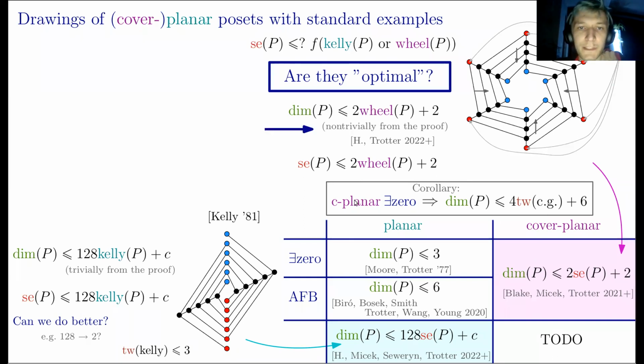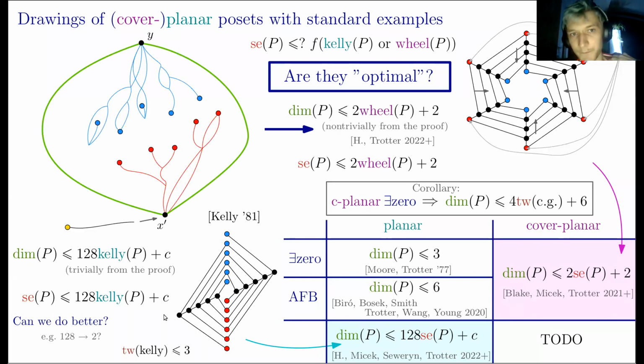Okay, but let me say a few words about the proof of this one. So how do we do this? Recall this picture. This was a picture of a strict alternating cycle in this cover planar with 0 case. This is the picture from this proof. But by the way in which we constructed a standard example, this can also be a picture of a standard example.